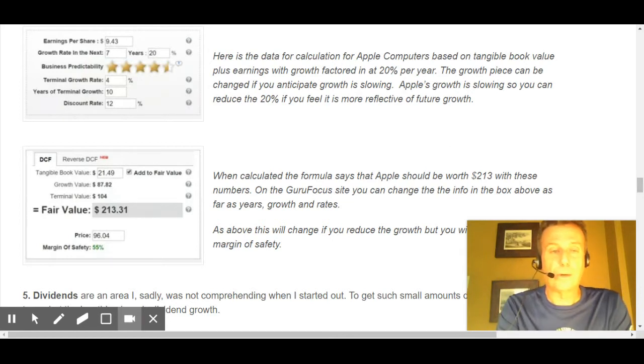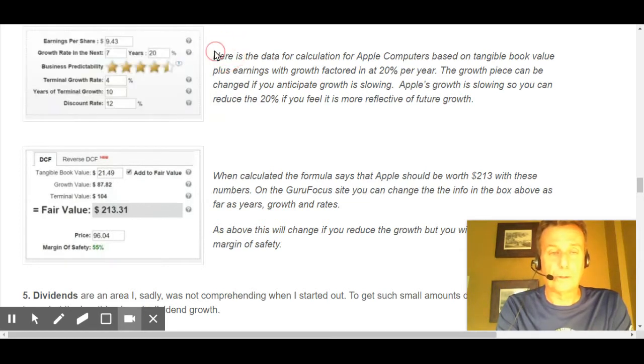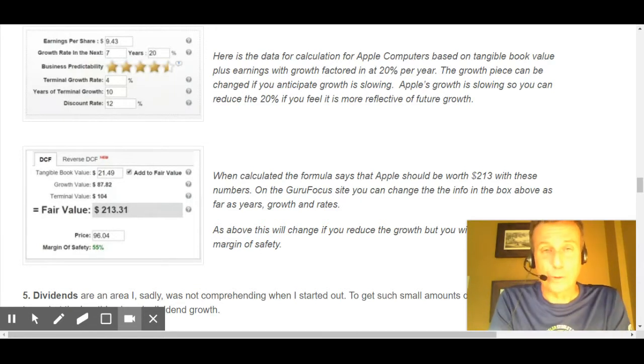One of the things I wanted to point out, though, is when I wrote this article, I used to use the growth, as you can see here. This one was Apple, and it was 20%. I used to use that, but I really want to focus on not speculating and spending more time buying value that is as it is now rather than what I think the future will be.